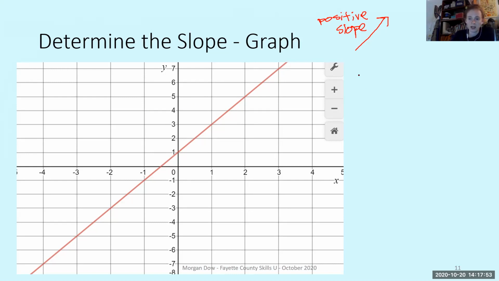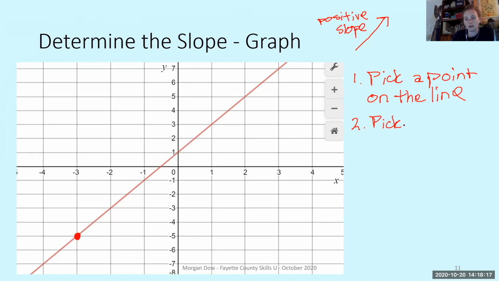So the first thing you do is you pick a point on the line. I'm going to pick this point here. The next thing you do is you pick a second point on the line.